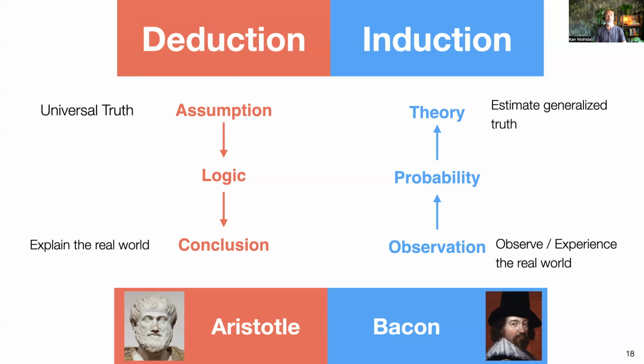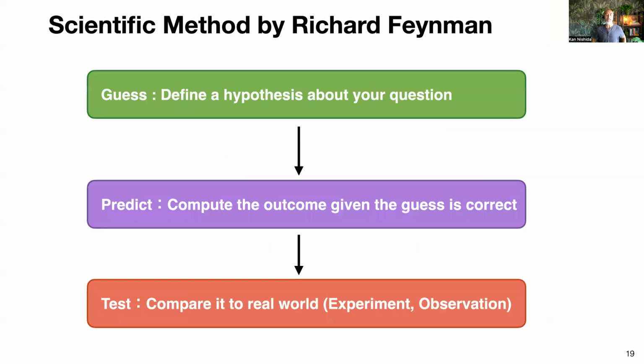Okay, having said that, the next important thing to know is the scientific method. The scientific method is probably shared by many, but I like this chart because it is by Richard Feynman. You can Google, or go to YouTube to see his video, about 10 or 15 minutes, where he summarized what the scientific method is. It's very simple, like everything else he explained. So start with a guess.